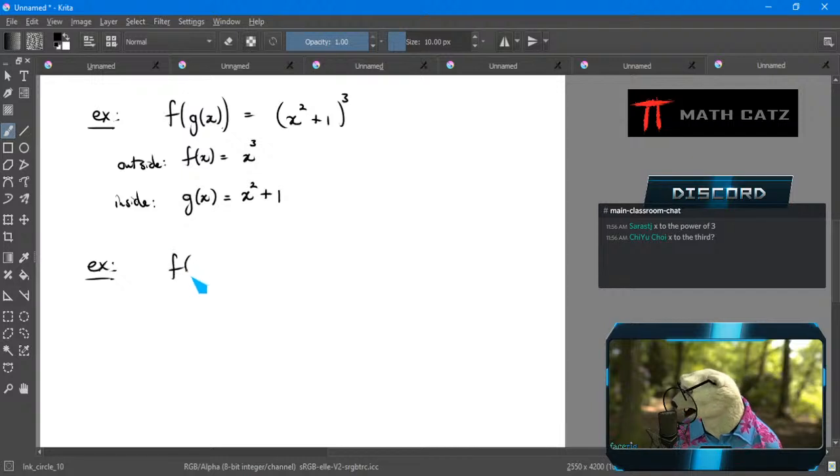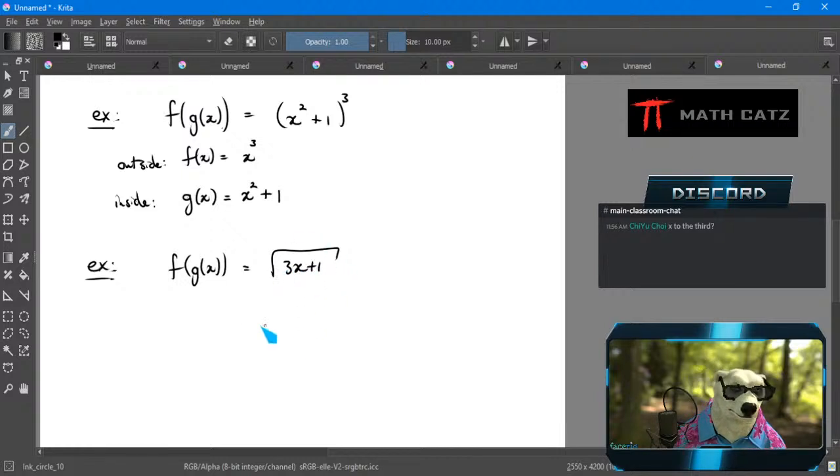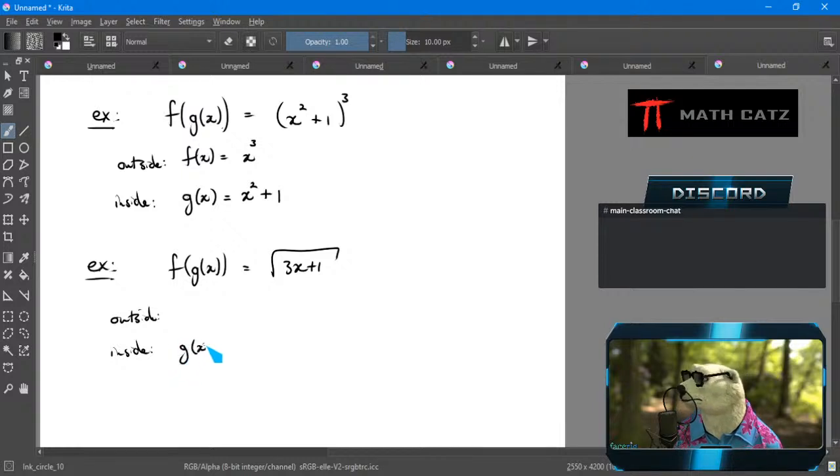Let us say I'm thinking of a function, and the end result is the square root of 3x plus 1. Again, you decide, do I go outside first? Do I go inside first? Don't force it, whatever you spot. For me, personally, I spot the inside function more easily, so I'll just go with it.